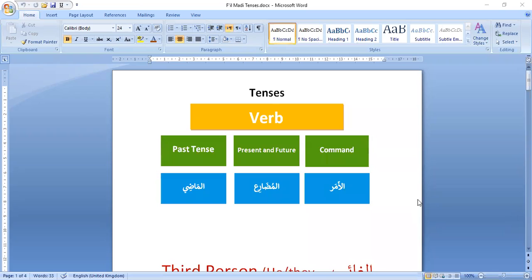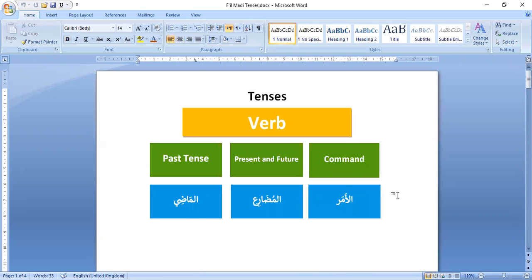Does everyone understand that? Isn't the command sort of like the present? Yes, command is part of the present. But the reason we make it three is because we're looking at Arabic, not English. In English, it would be past, present, and future, the main three. But in Arabic, these are the three: Amr, Mudari, and Madi. Mudari has both present and future, and Amr is separate.